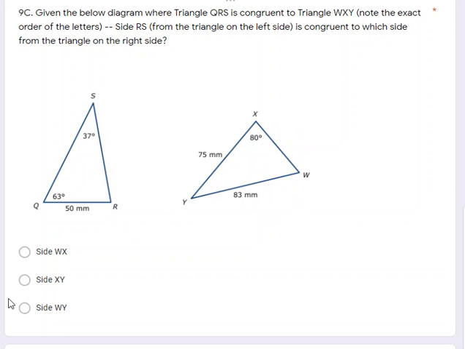Is side RS congruent to WX, side XY, or side WY? So which side RS is congruent to which one of these three sides? WX, XY, or WY?